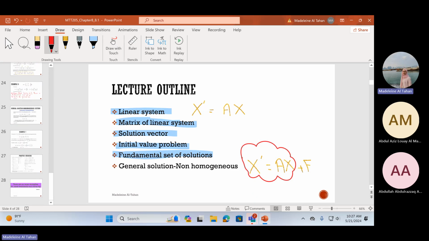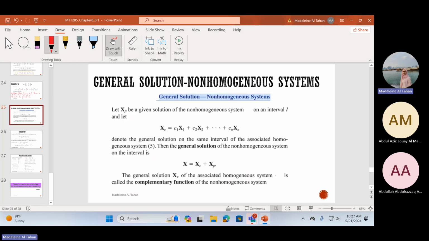Okay. So, the general solution of the non-homogeneous one. The first step, we need to find the solution of the homogeneous, which we call xh. So this is the general solution of the associated homogeneous. Then what do we need to find? A particular solution, which is xp. And then we will write x equals xp plus xh.